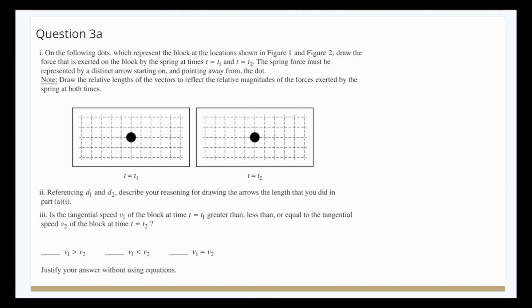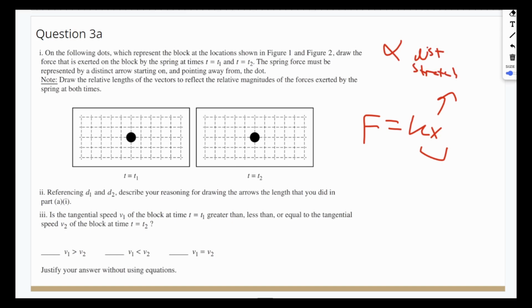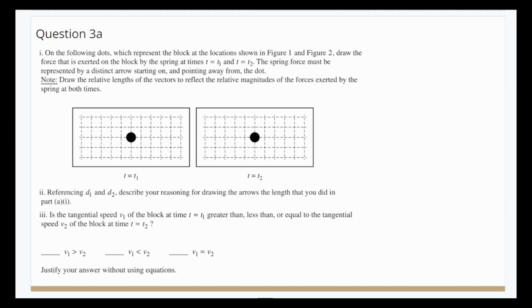So we're drawing the force vectors for the spring force on both figure 1 and 2. So what do we know about spring force? We know that spring force is equal to kx. This means that it's directly proportional to the distance stretched. This means that force 2 has to be greater than force 1. Now that we know which one is bigger, we just need to determine direction.